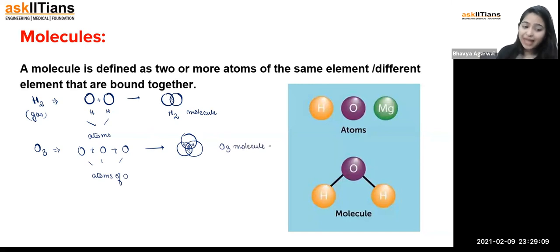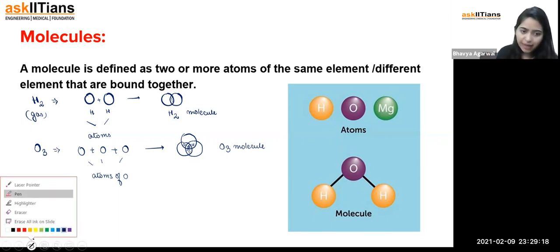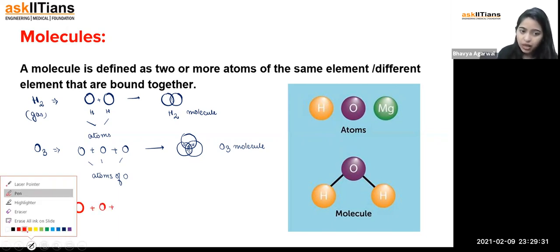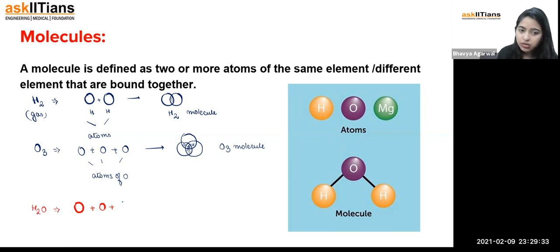Now, these were examples of molecules with the same type of atom. What if we have different types of atoms? For instance, water. In a water molecule, there are 2 hydrogen atoms and 1 oxygen atom.